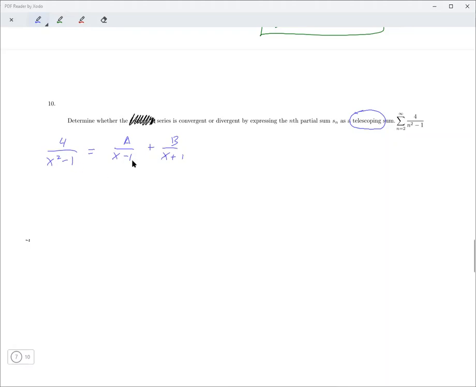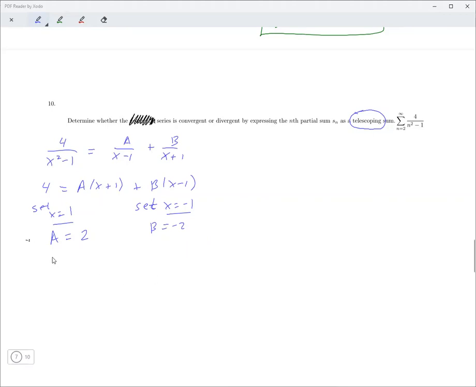So we did partial fractions, and at this point these have to hold for everything, so you set x equal to 1, and that gives you a is going to be 2, and you set x equal to -1, that eliminates that, and then this is -1, so negative 2b equals 4, so then b equals -2.